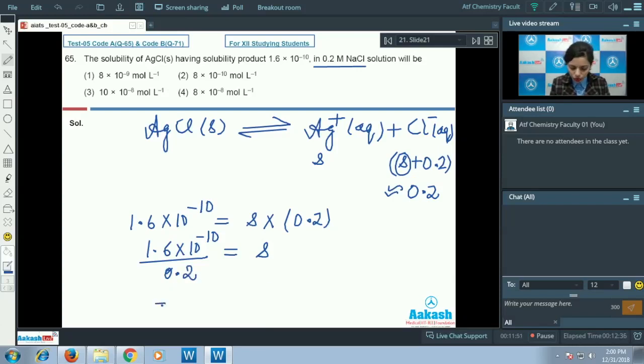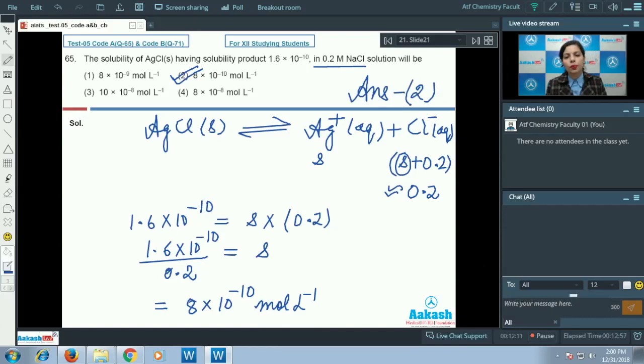And this value is equal to 8 into 10 raised to the power minus 10 mole per liter. This is the solubility of the salt AgCl, and this is given in option 2. So you should choose it as the correct option. Now after this, let's take next question.